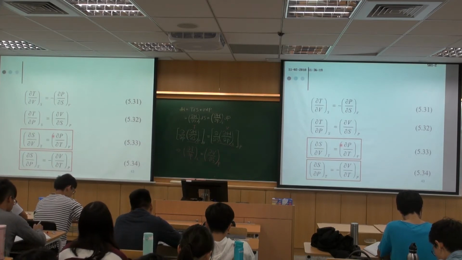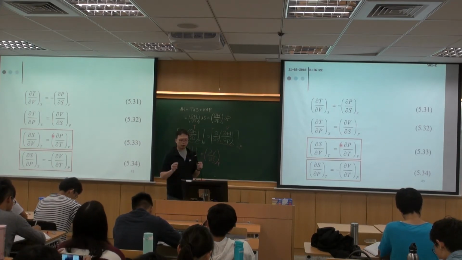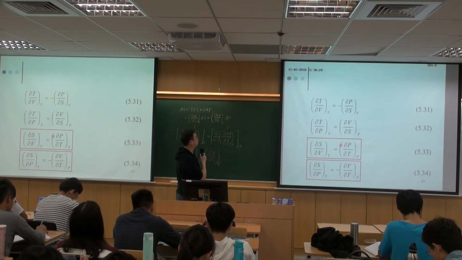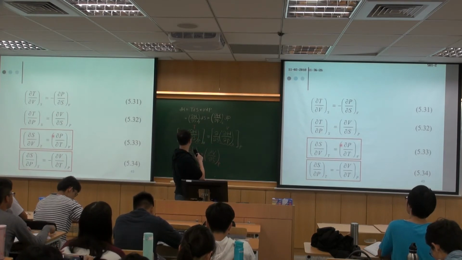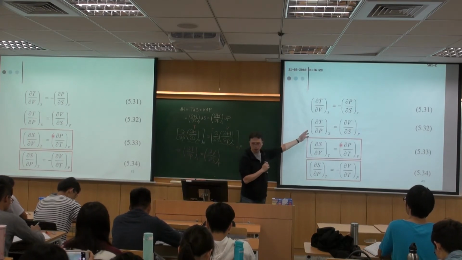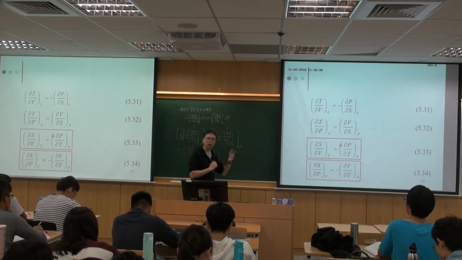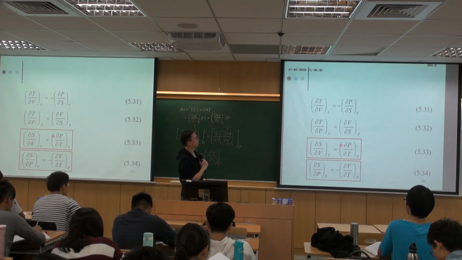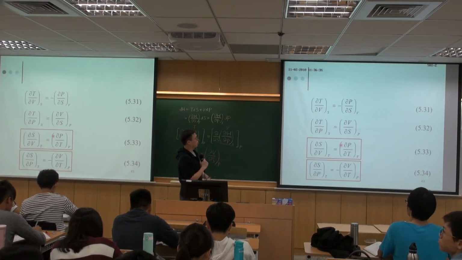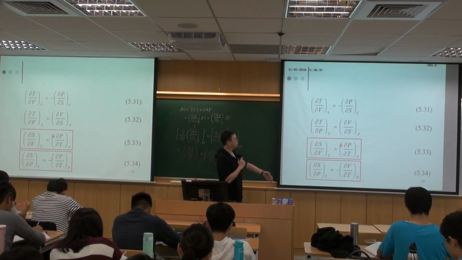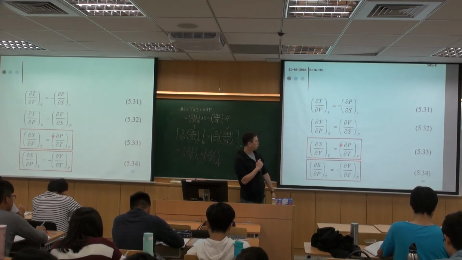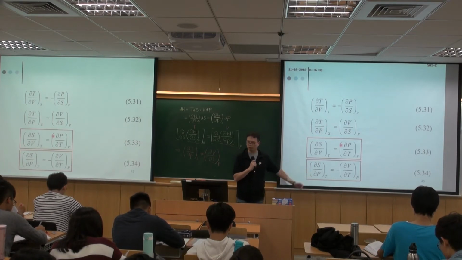So this is one of the Maxwell relations, the second one, because this is from the enthalpy. If you use the Helmholtz free energy expression, you should be able to get this one. If you use Gibbs free energy, you should be able to get this one.